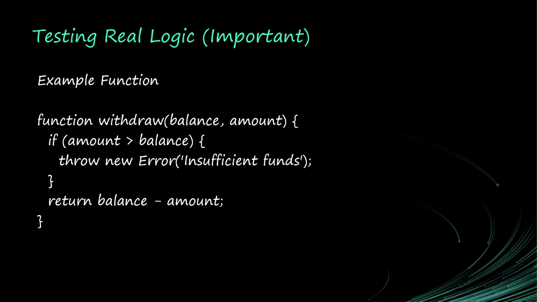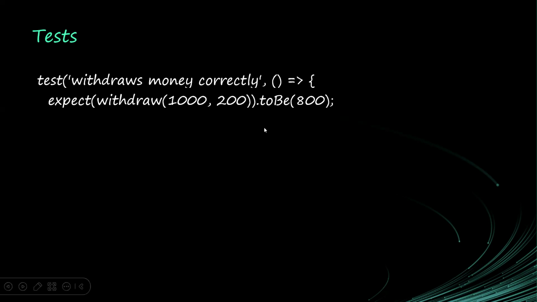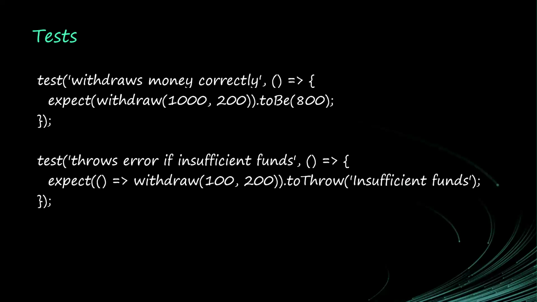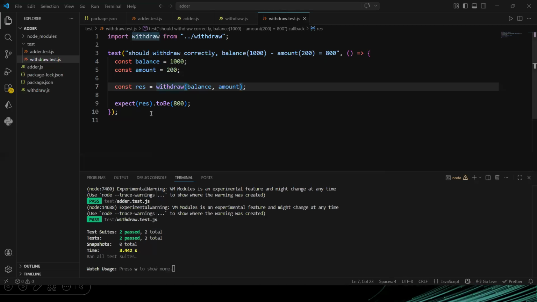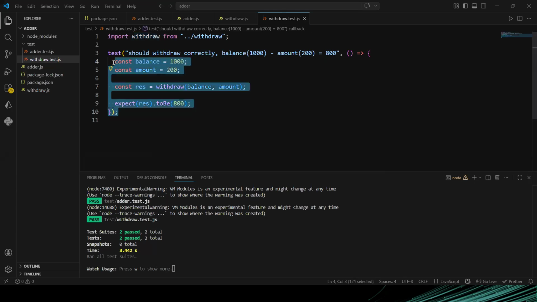All right. Now we can also check if the withdrawal is insufficient. Okay, let's just do this. So now we could write another test inside of here. Let me just copy this.